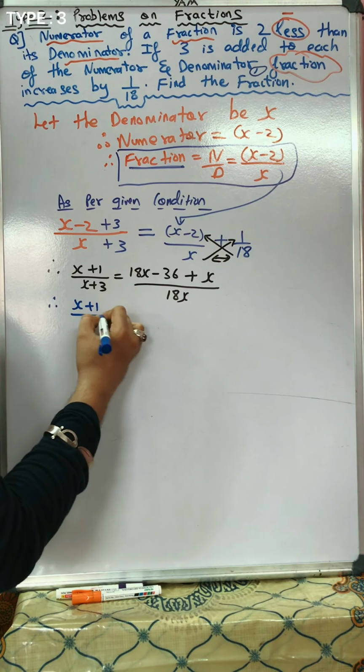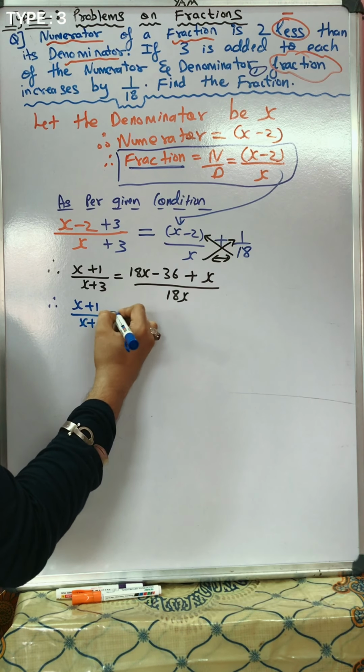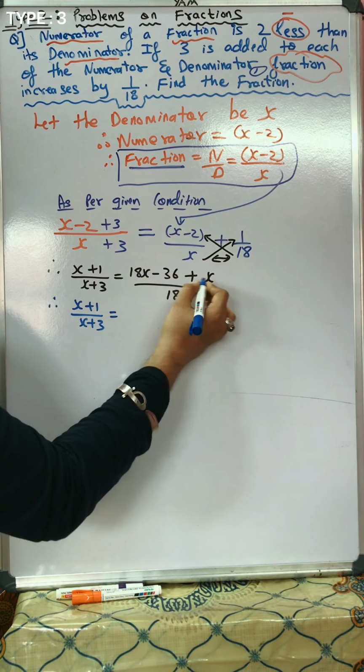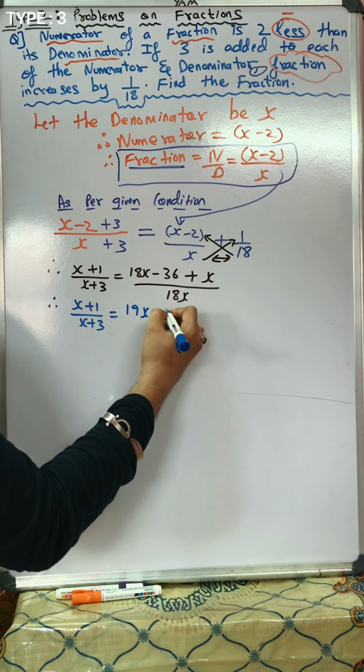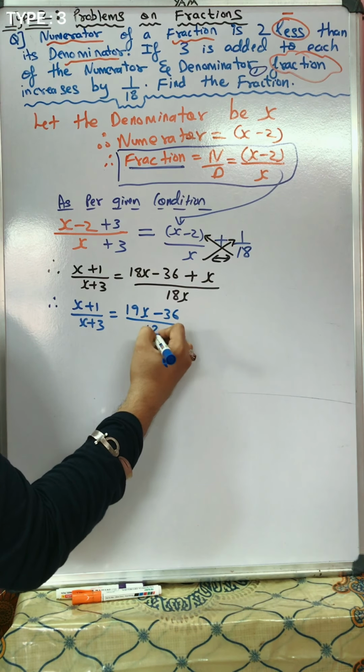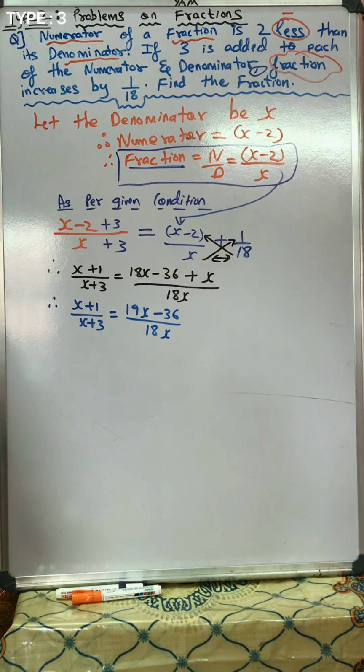Therefore x plus 1 upon x plus 3 is equal to 18x plus x, which becomes 19x minus 36, the whole upon 18x. Okay. Now we will cross multiply.